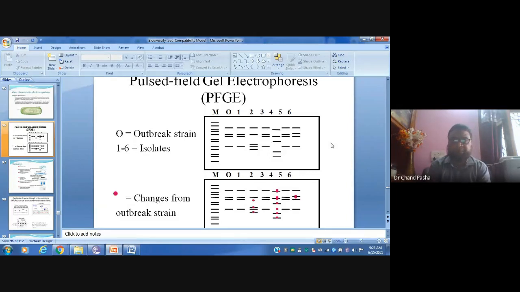And in pulse field, it is not a continuous electricity supply, it is disturbed. It switches on, off, on, off, like this. It is a discontinuous power supply.